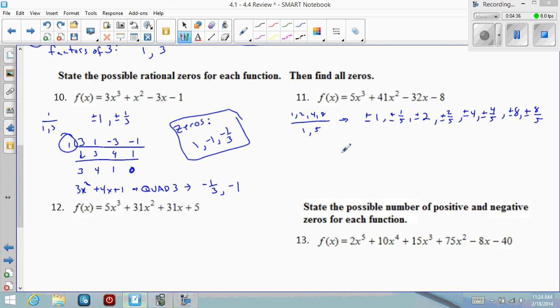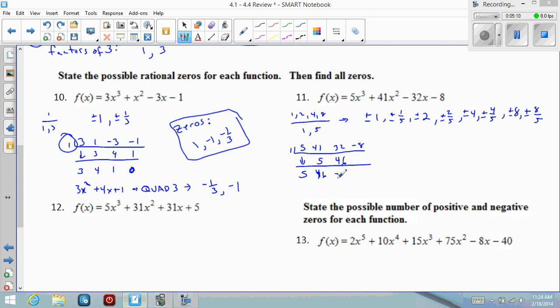And on this one, you end up trying a lot of numbers. So if I start off with my 1, I will have 5, 41, 32, and -8. Okay, so if I do this, I bring down 5. 1 times 5 is 5. I add, I get 46. 1 times 46 is 46.